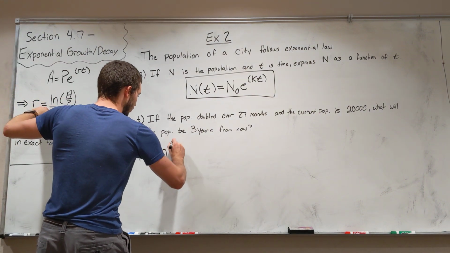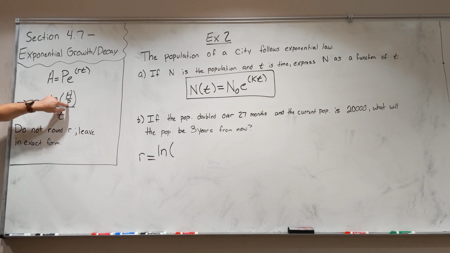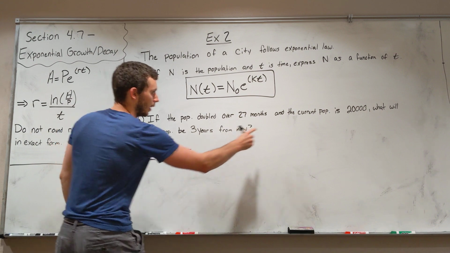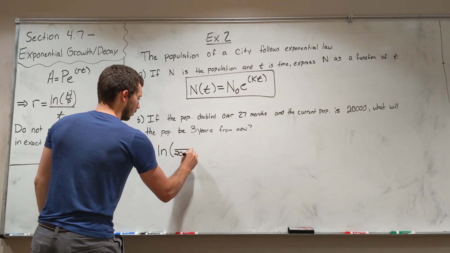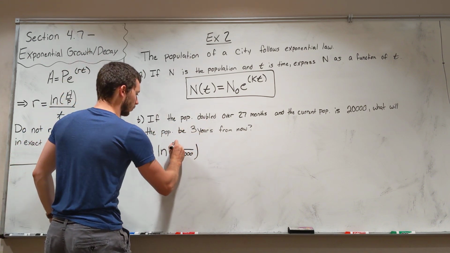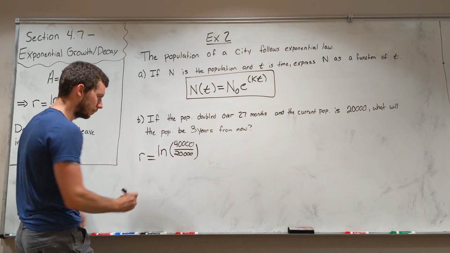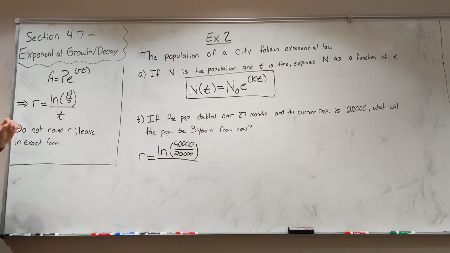It says it's the natural log of the final amount divided by the initial amount. So the initial amount is 20,000, that would go in the denominator. Since the population doubles, we go up to 40,000, just twice of 20,000, and divide all of that by whatever the time is.